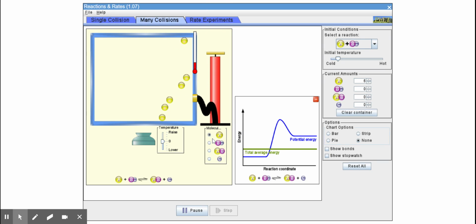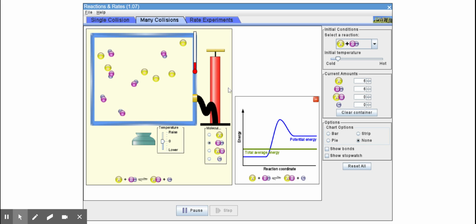So I put in A, and let's put in some of the other reactant. I don't know what the lag is from, but there we go. Okay, so if these collided, there should be no way they're actually going to react. And let's see. They haven't collided yet. Oh, those two collided.